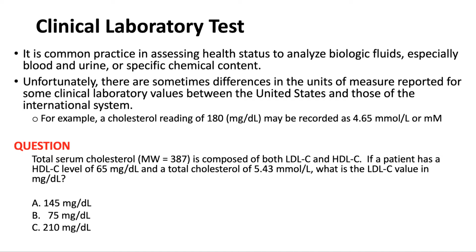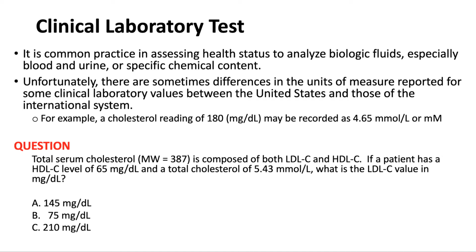It's very difficult to compare one laboratory value report to a treatment guideline that says to do something if values are above 4.65 when you're looking at a value of 180 milligrams per deciliter. So you must become very skilled at taking whatever laboratory value you have and whatever units they report to you and converting them to whatever units you need to interpret that value.